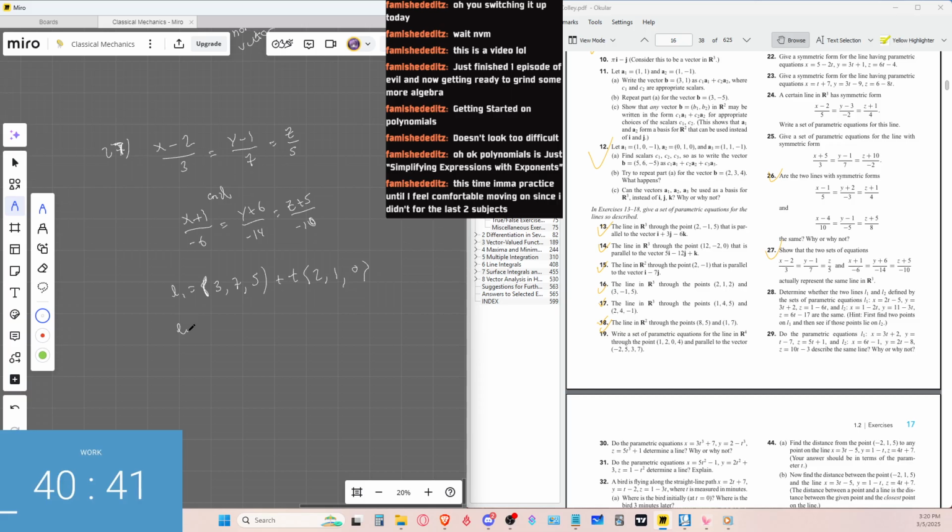Now if we write the second line, the original point is 14 and 10, and then plus t.